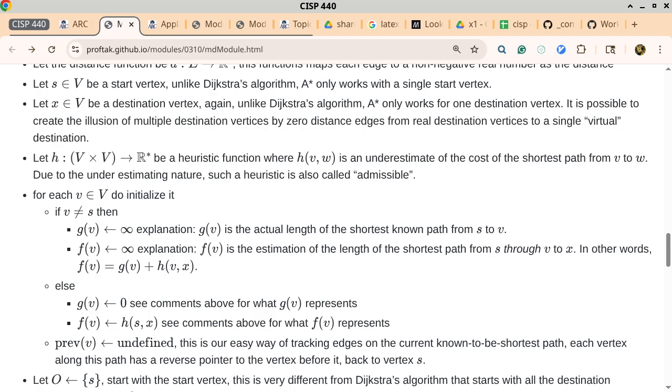If you have a vertex V, then G of V is the actual length of the shortest known path from the starting point to the vertex V. That's how the G value is defined.